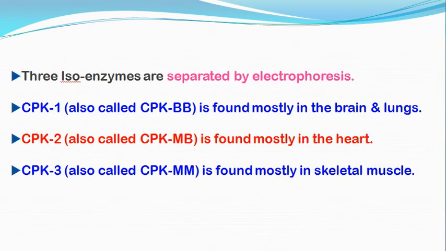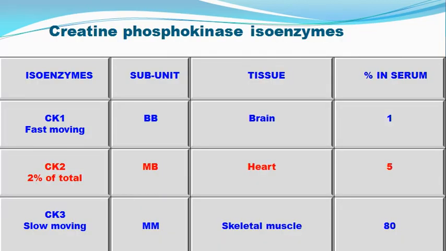The three isoenzymes we can name as CPK1, CPK2 and CPK3. CPK1, also called CPKBB, is found mostly in brain and lungs, CPK2 is called CPKMB, and the third one is CPKMM, mostly found in skeletal muscles.